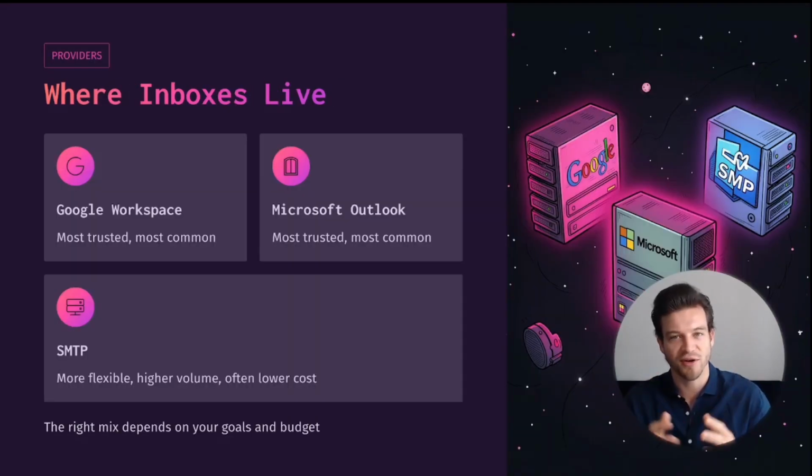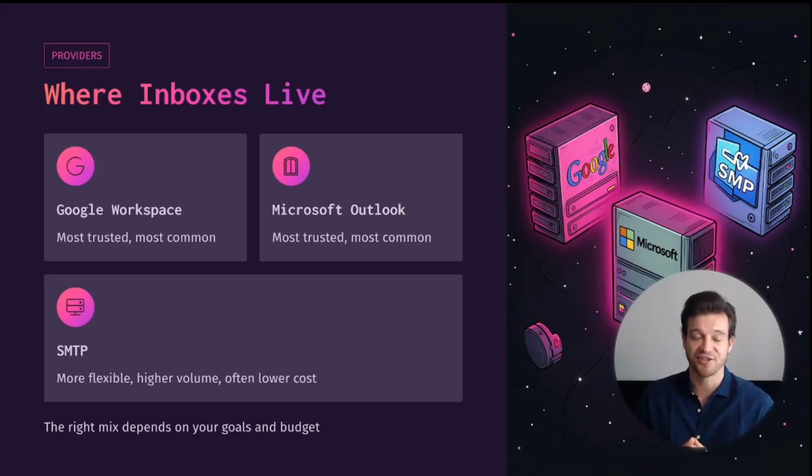Now a quick word on where these inboxes actually live, because you have multiple options here. The two big ones are, of course, Google and Outlook. So Google Workspace and Microsoft. These are the most trusted and most common ones. And for most cases, they work great. And then there is what's called SMTP, which is a more flexible setup that lets you send at higher volumes, often at a lower cost per inbox.